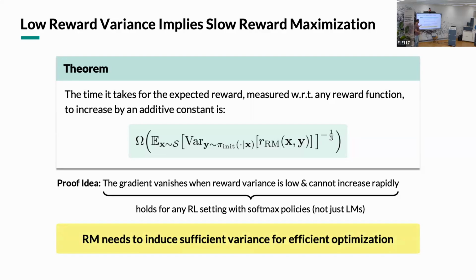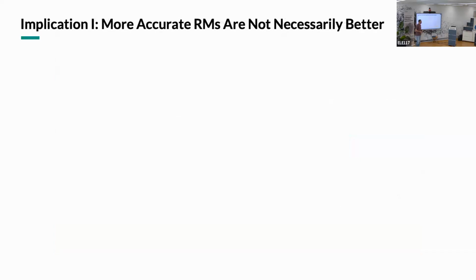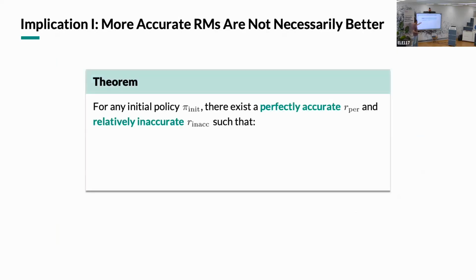Okay, and as you might have noticed, accuracy does not appear in this slide at all. This doesn't depend on how accurate the reward model is. And indeed, we can use it to prove that more accurate reward models are not necessarily better teachers. For any initial policy that you give me, there exists a perfectly accurate reward model. And on the other hand, you can have a relatively inaccurate one, so it gets almost all pairs incorrectly, but it still needs to get some to work.